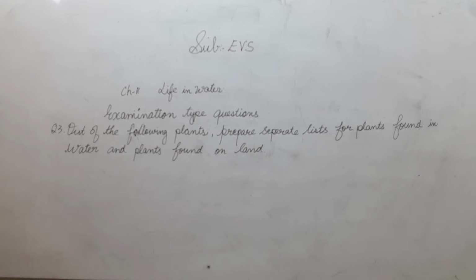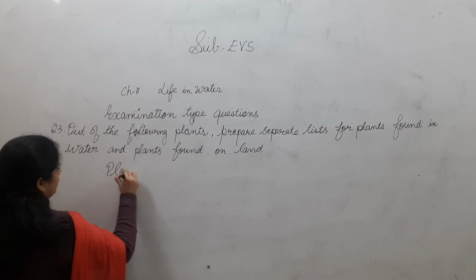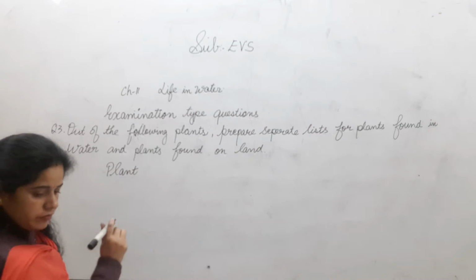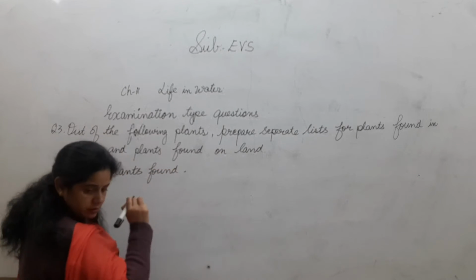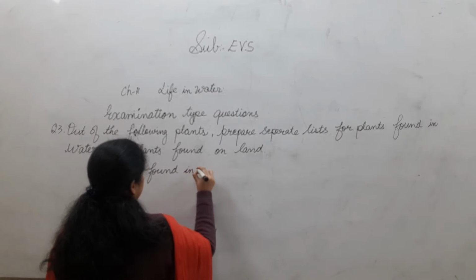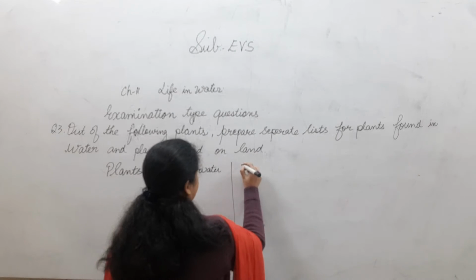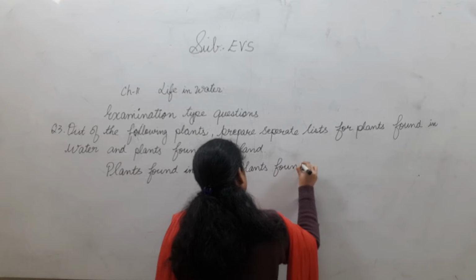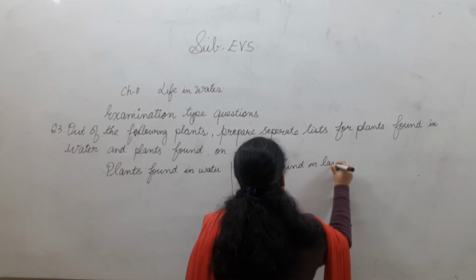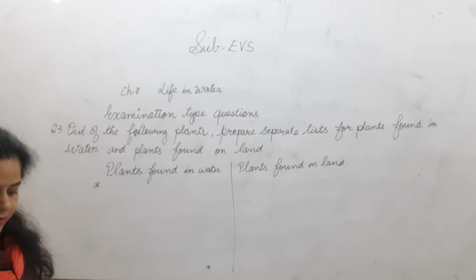Okay, so you have to make a list of plants found in water and plants found on land. Here in the book they have mentioned a table. In that we will write plants found in water, and second one, plants found on land.